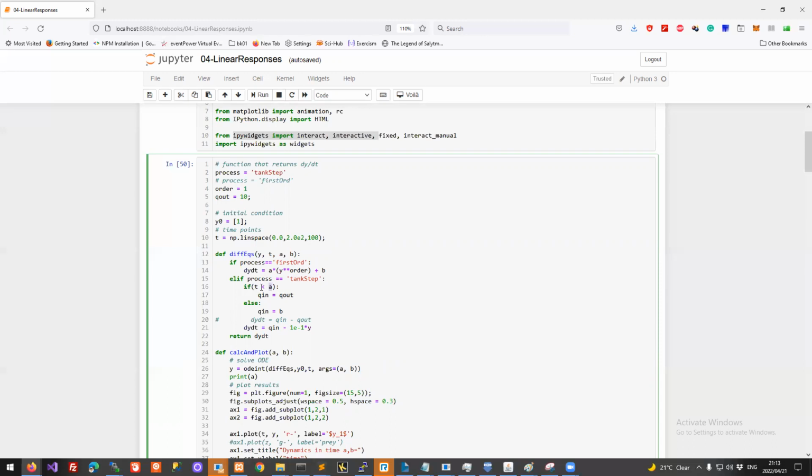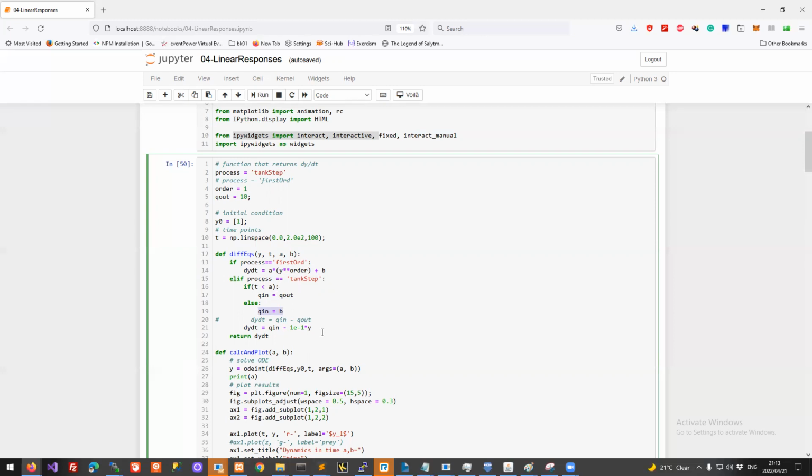So before time equals A, we'll have that the inlet flow equals the outlet flow. And then after T equals A, the inlet flow becomes B. So we set a value for B, and that value becomes active only after the time is more than or equal to A.